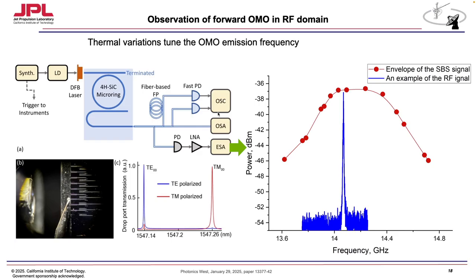We just observe a narrow line, and by changing the temperature of the resonator, we were able to move the frequency splitting between TE and TM modes, and in that way tune this beat note, or the frequency of our Brillouin scattering, in a comparably broad range. You can see that this range is almost half a gigahertz.